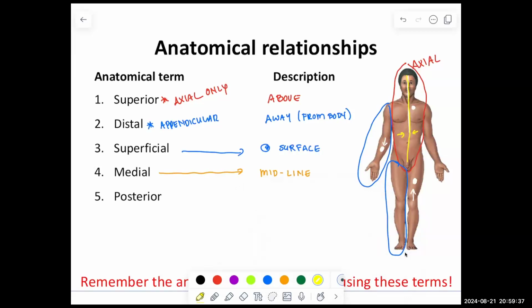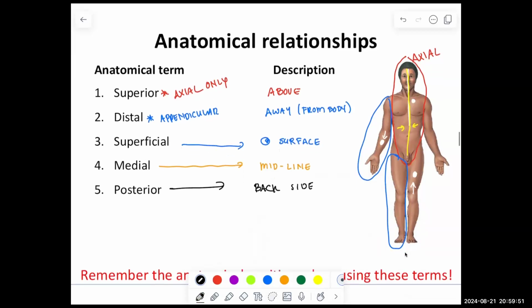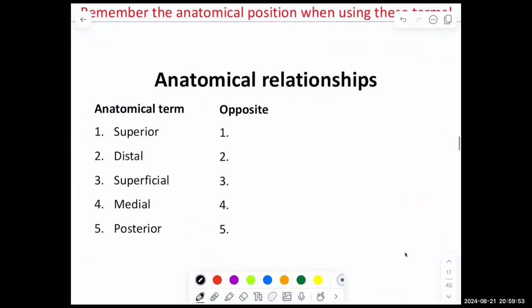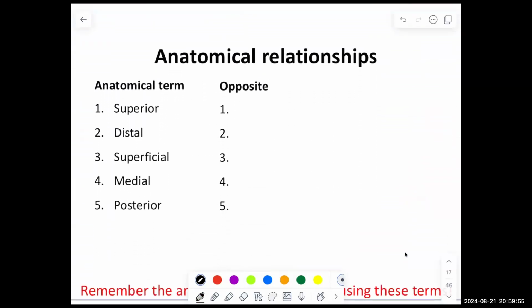Posterior. You told me what that one means. The backside. I only told you what the backside is. Guess what? There's a front side. Guess what? There's a below. So when we talk about superior, superior means above. What is the opposite of above? We don't say superior, we say what? Inferior, below.